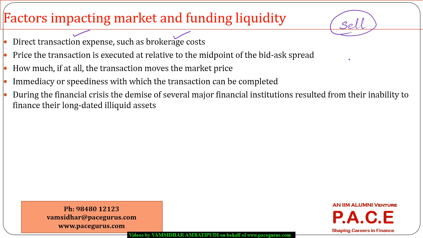So if the brokerage is very high, obviously the transactions will go down. Only if the brokerage is very narrow can more voluminous transactions be facilitated. So the more the brokerage, the lesser the number of transactions. So we could see that as something that is impacting the liquidity.